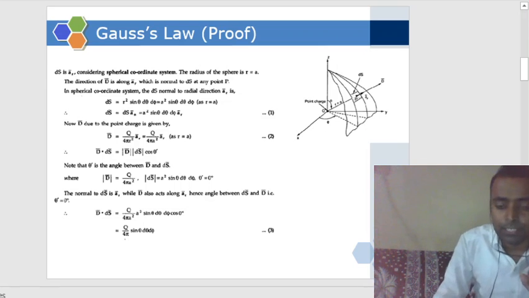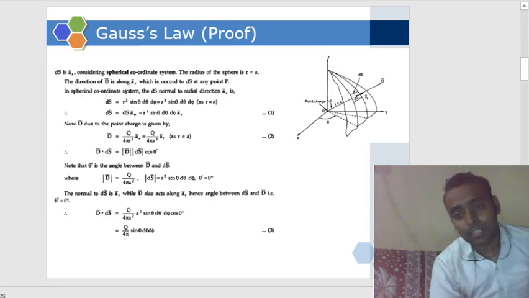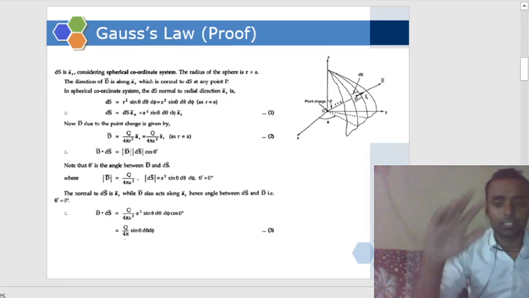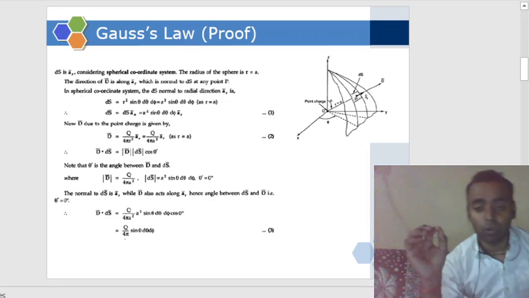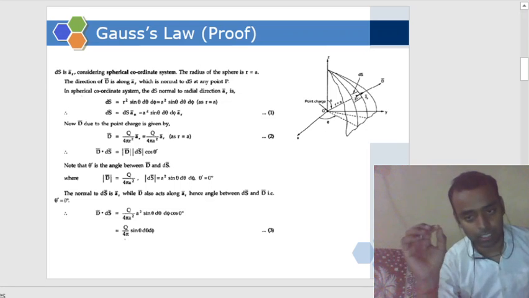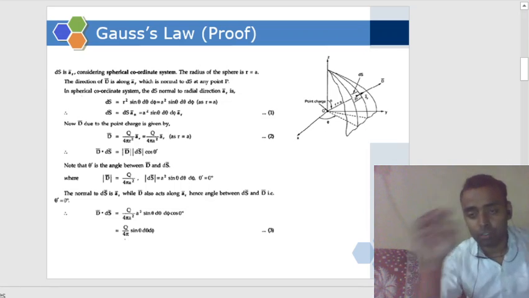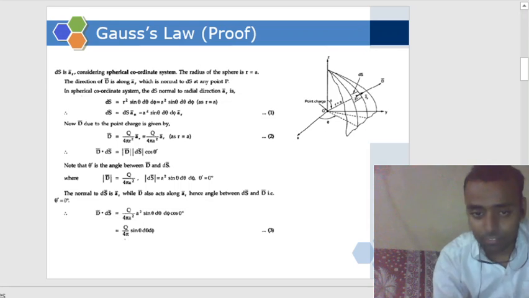In this figure you can see only a cross section, but what you have to understand is that the point charge is enclosed or surrounded by an imaginary sphere.